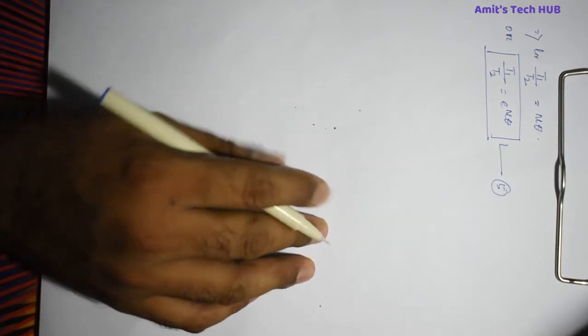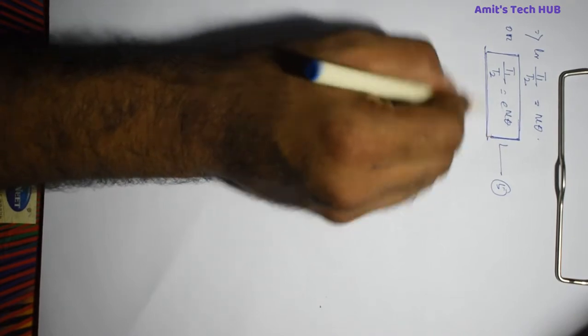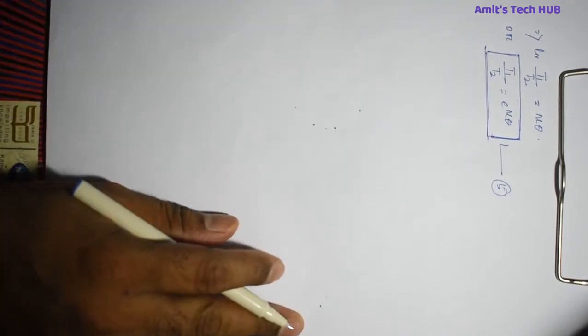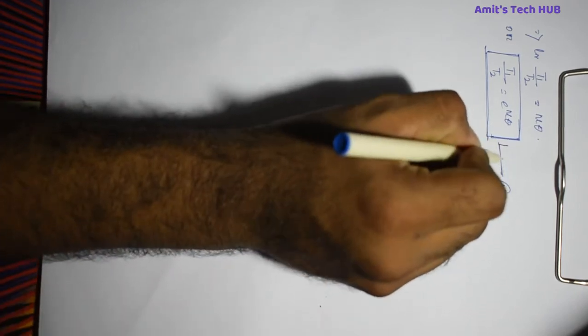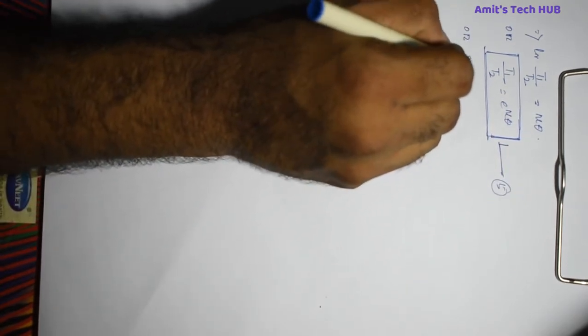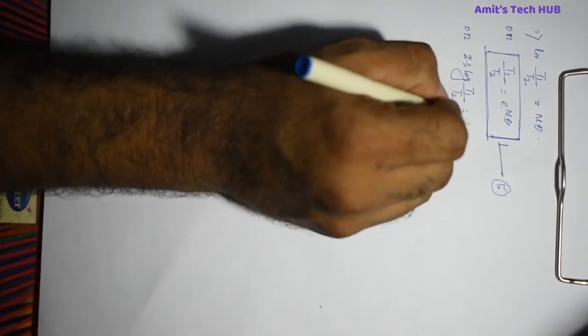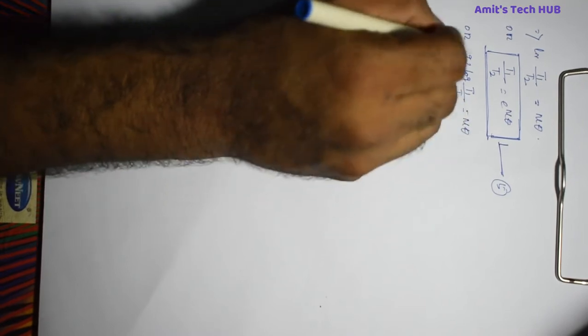You can find this application in many other things also, for example in band brakes. Or we can write it in logarithmic form, that is 2.3 log T1 by T2 is equal to simply mu theta.